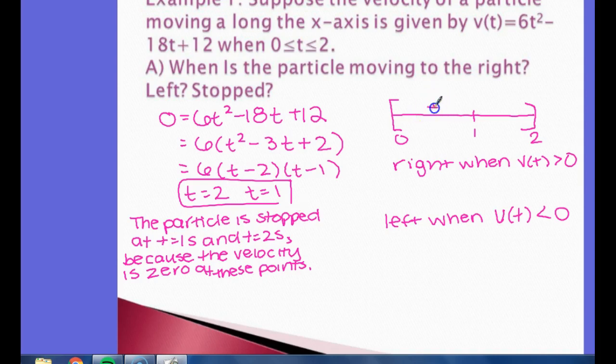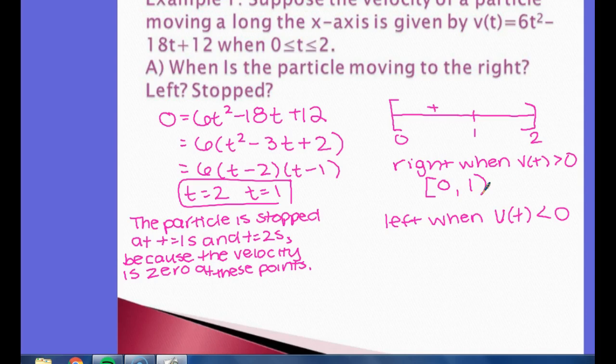So the particle is moving in the direction of the right because the velocity is positive. So it is going to the right from 0 to 1. You can include 0 because 0 is where you start. You do not include 1 because at 1 it is stopped. It is not going right at 1. At 1 it is not moving.